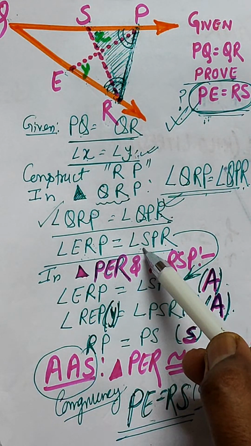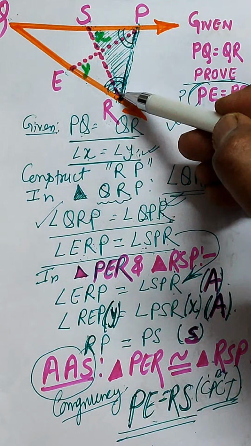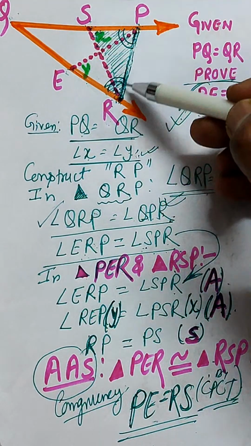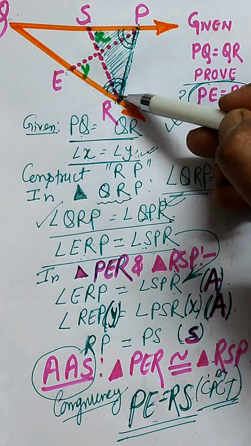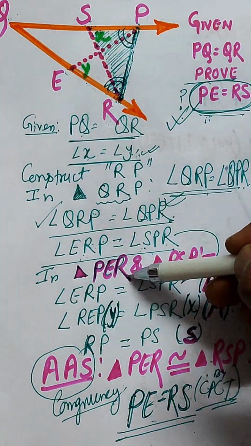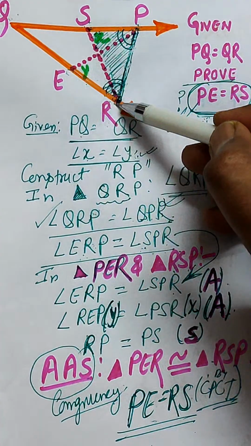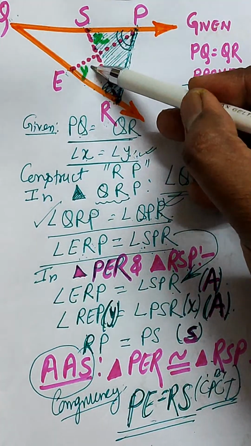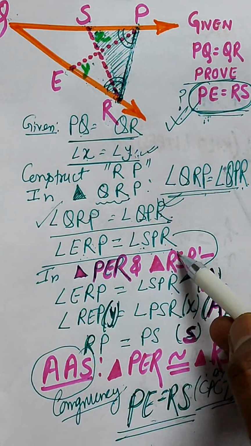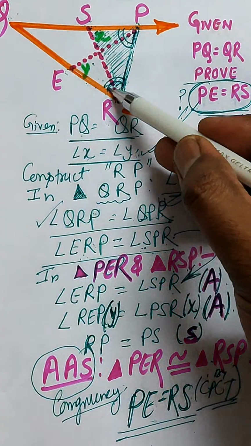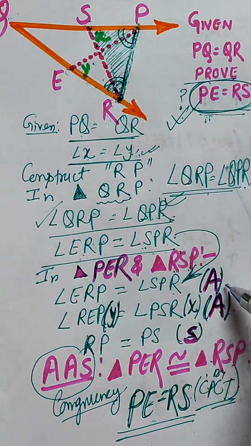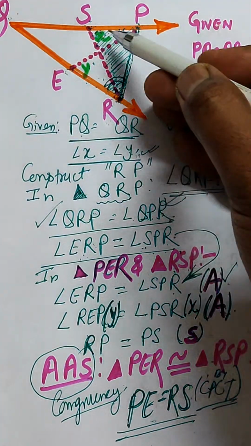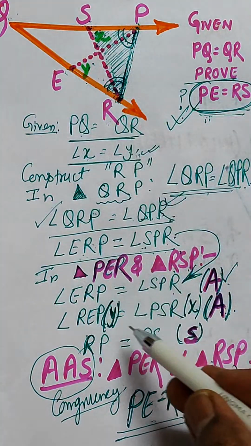Why have we changed the nomenclature? Because we are considering two triangles: triangle RSP highlighted and shaded in green, and triangle PER. These two triangles are covering angle X and angle Y. So in these two triangles, we have already proved this angle is equal to this angle, the first angle criteria, and the second one, angle X equal to angle Y, is already given to you.